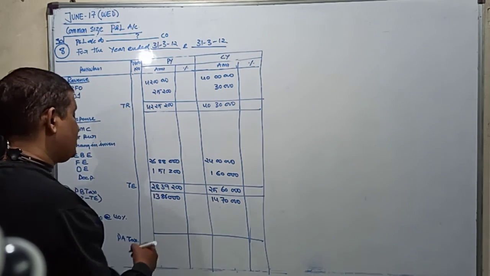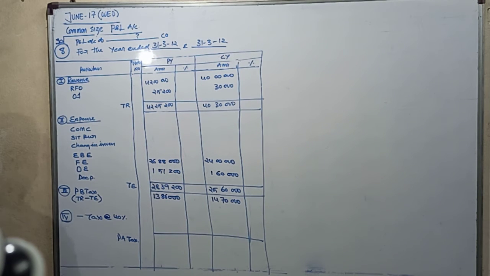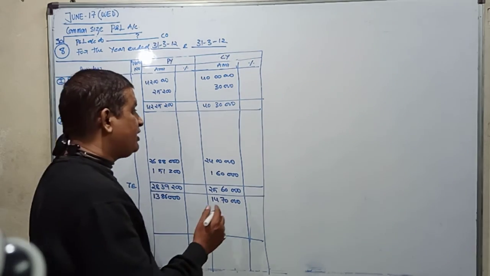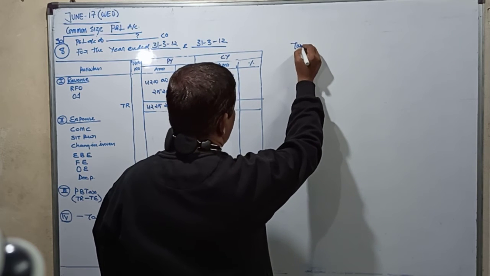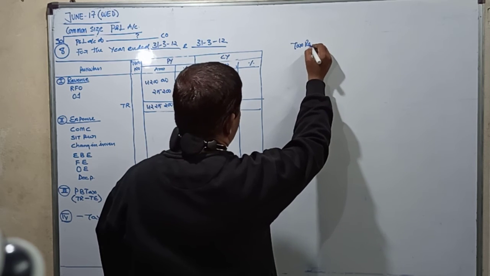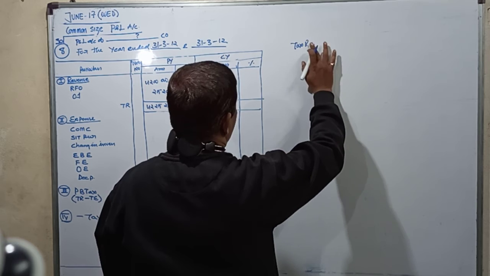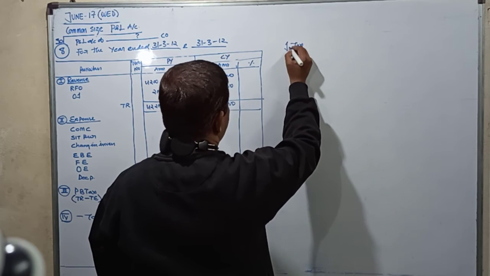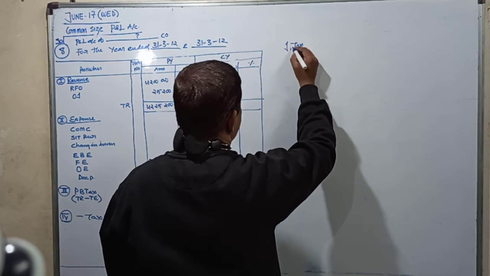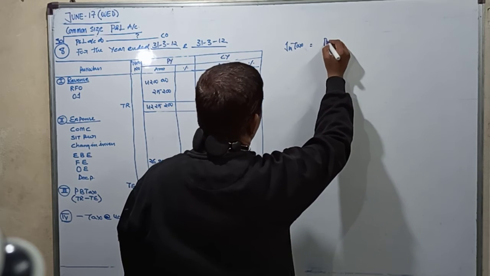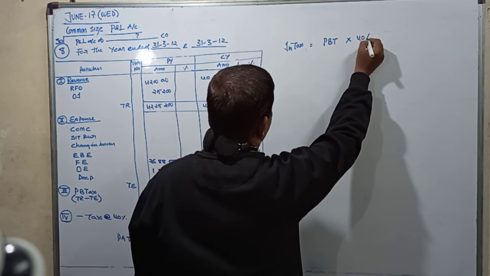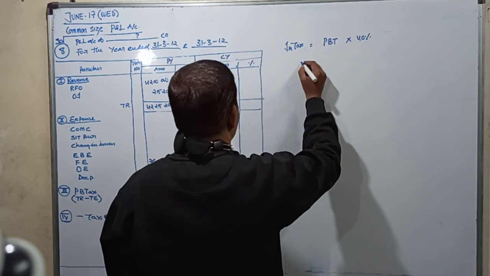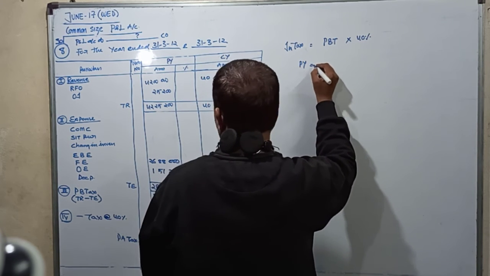Now we have to reduce tax at the rate of 40%. So how do you calculate tax? Income tax is equal to profit before tax into 40%. Now come to the previous year.